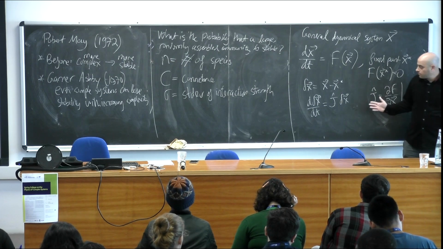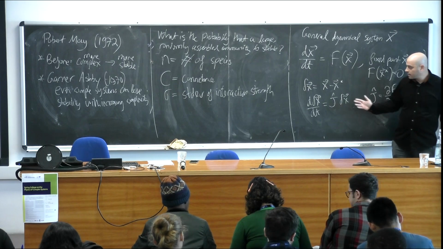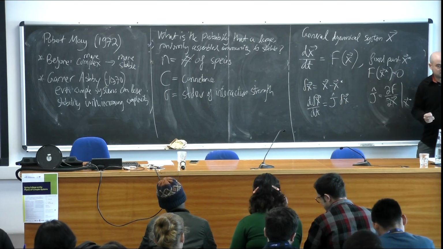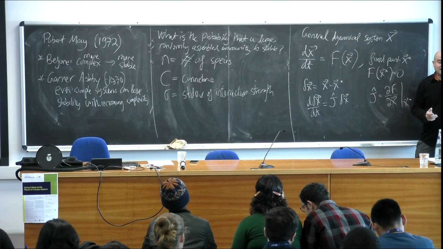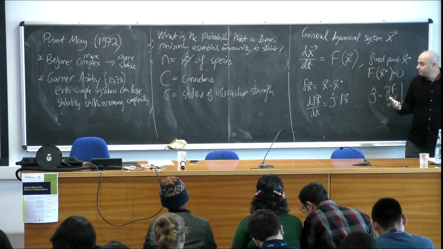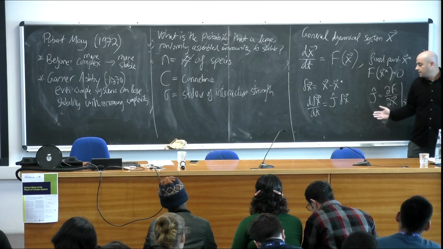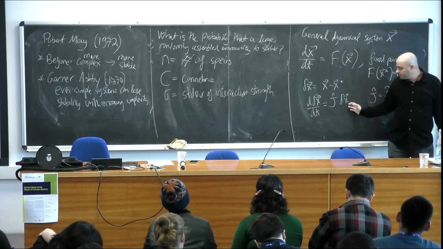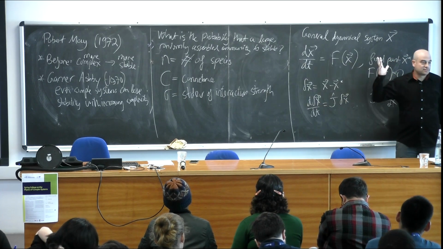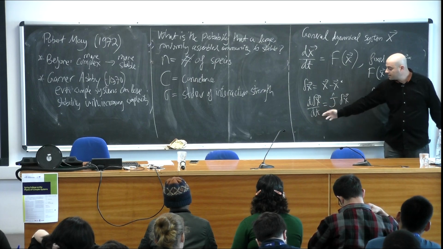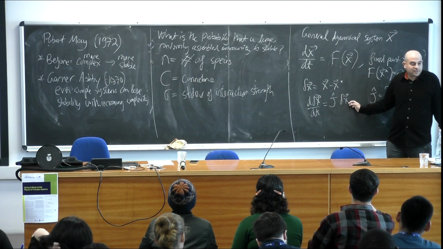Okay, so of course we want delta x to decay, right? We want delta x to decay because that means that we go back to steady state. The other option would be for delta x to explode, right? Because we have d delta x/dt equals something times delta x.